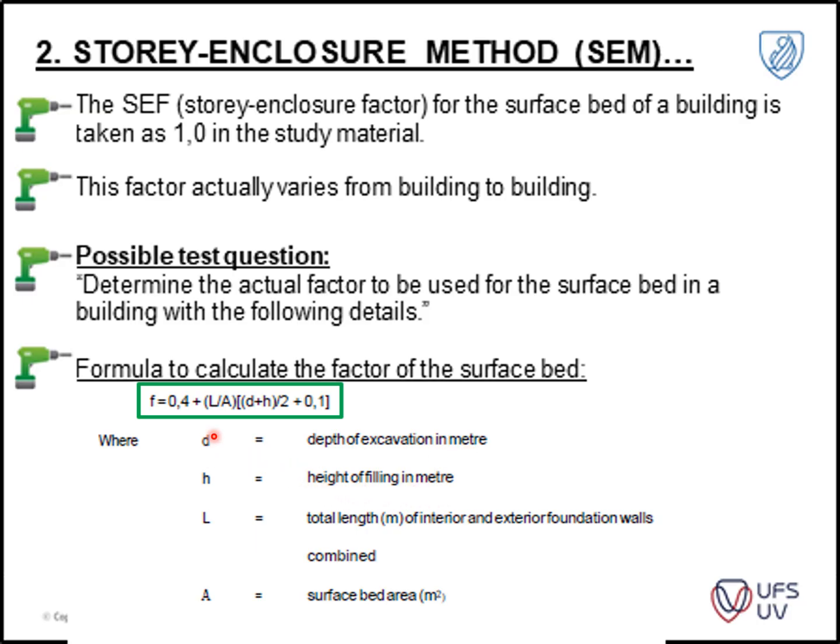We'll still get into practical examples to do that. You do that calculation first, and then you add your 0.4 to get to your new factor that you can use for your surface bed.